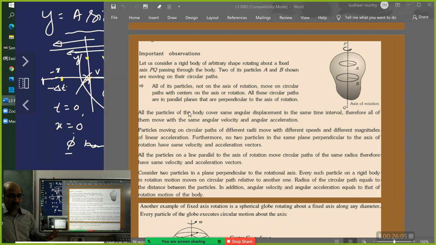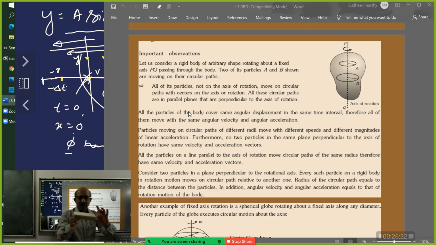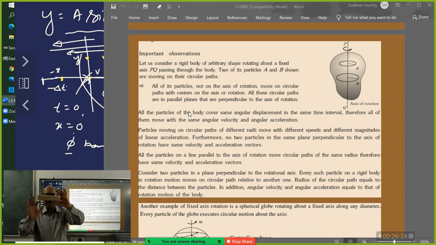Now remember, the axis of rotation need not always be the geometric center or center of gravity or center of mass. Axis of rotation can be anywhere. I suppose you can visualize that. So here you see, I can constrain it here.